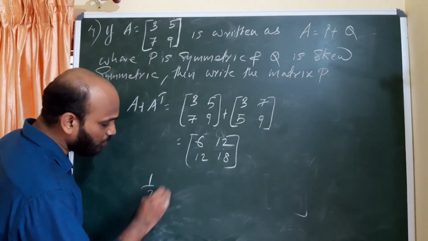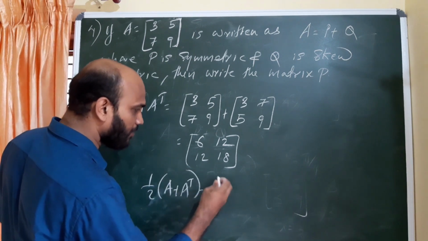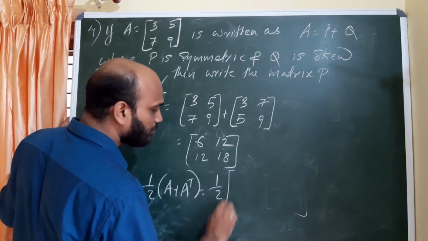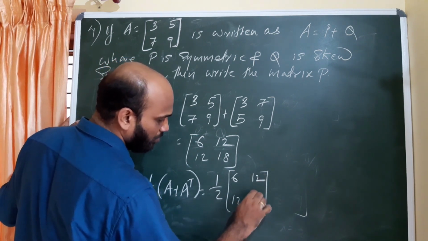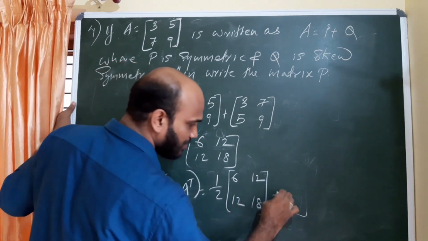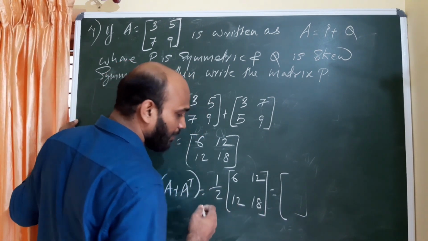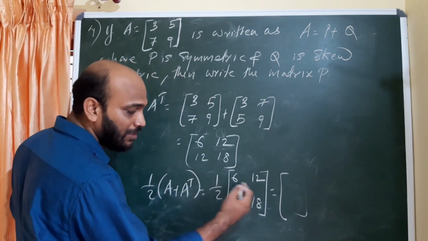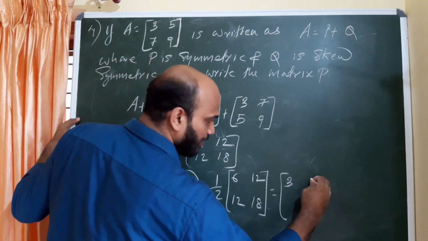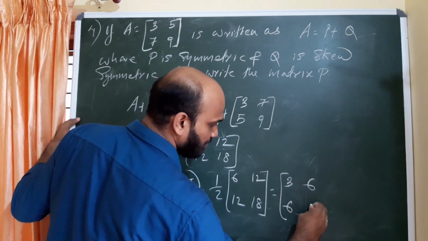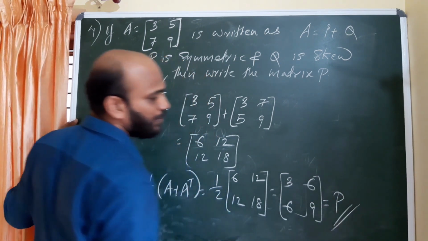Therefore, half into (A plus A transpose) will be equal to half into the matrix 6, 12, 12, 18. This is multiplication of matrix by a scalar. That means you have to multiply each and every element with this scalar. So you get 6 by 2 is 3, 6, 6, 9. This is equal to the matrix P.